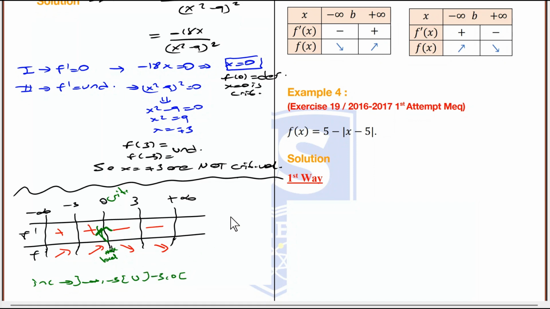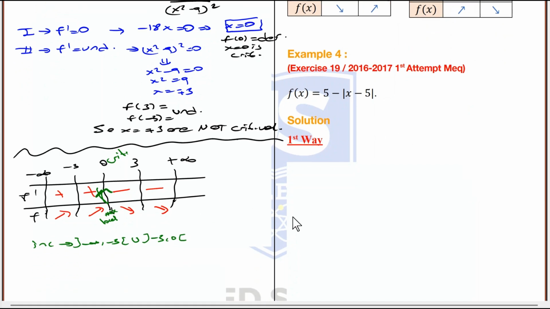What do you think? We cannot use that. We have to use union because at negative 3 the function is not increasing, so we cannot say from negative infinity to 0. We have to use union. Decreasing interval, similarly, we cannot say 0 to infinity. We have to say 0 to 3 union 3 to infinity.